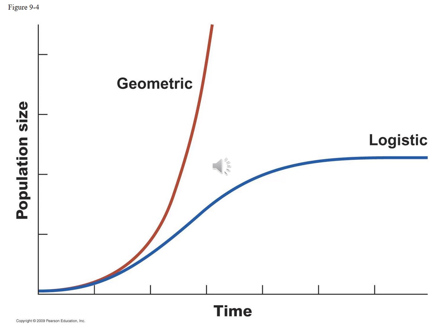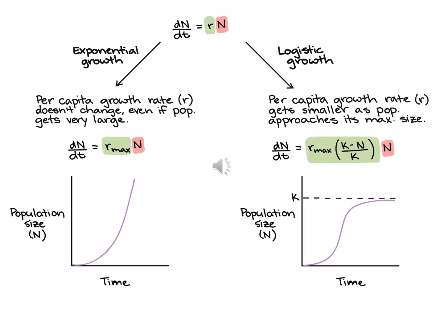That's the logistic model. And mathematically, the exponential model and the logistic model are shown here. And what is being factored in that's different in the logistic growth rate, you can see there in green, is K. K is also shown with a little dotted line on that graph on the lower right. K is the carrying capacity.